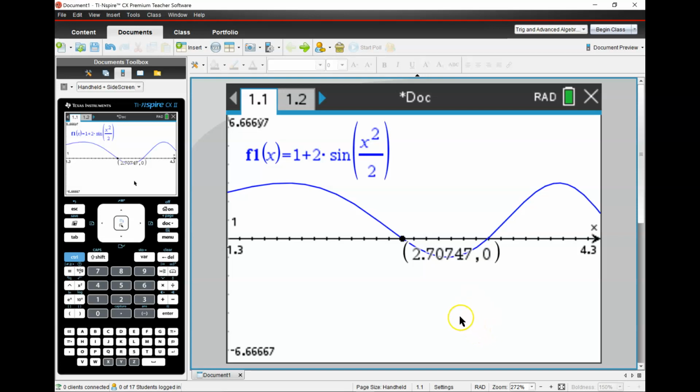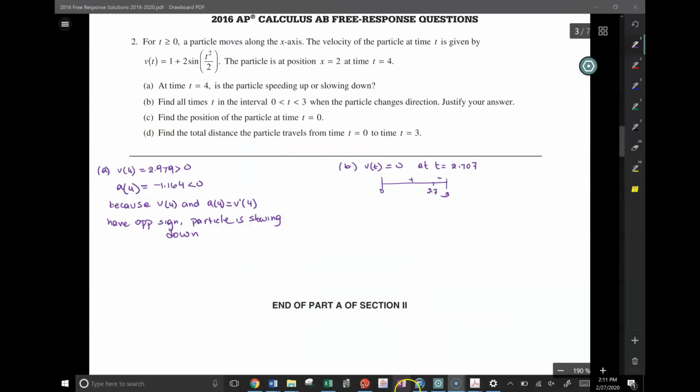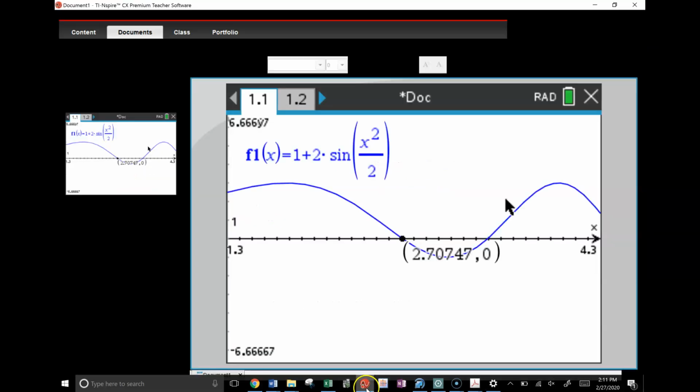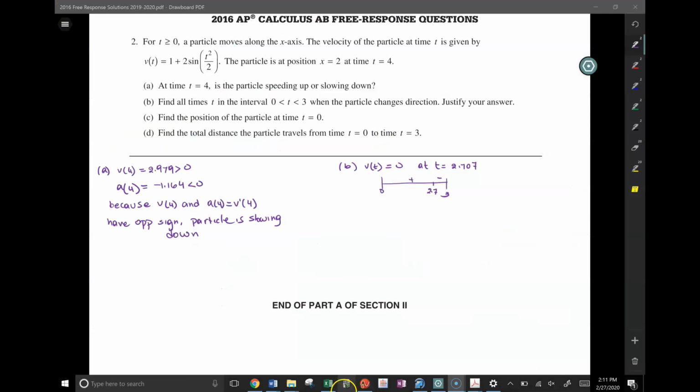And that's 2.707. And then you can see visually that right before that point it's positive, right after that point it's negative, so that's where we're at. Okay?